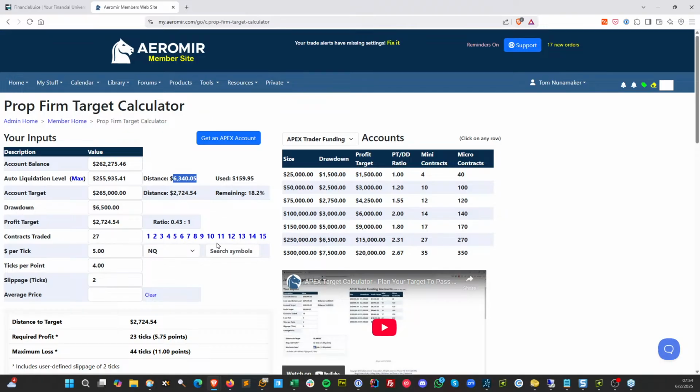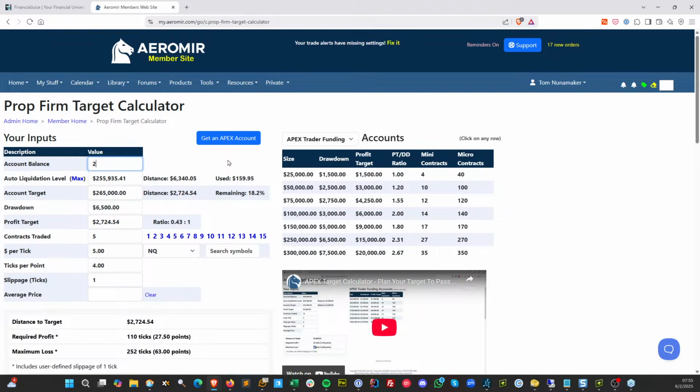And I don't want to do 27 contracts, but say I did 3 or 5. I need 28 points to pass. It depends on how many ticks of slippage you used. So I'm still kind of far away, did 27, 24. But I'm doing pretty well. I mean, 15,000 and I've got 12,275 in profit.